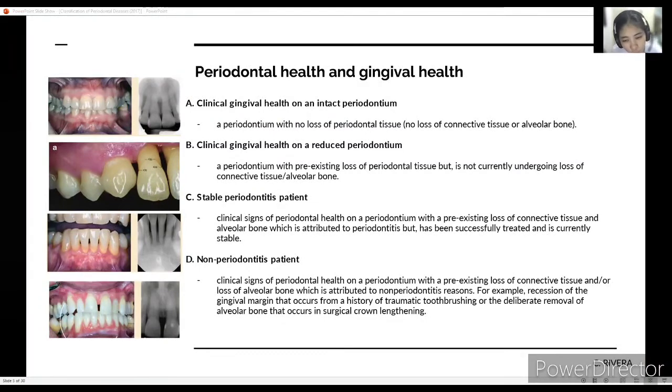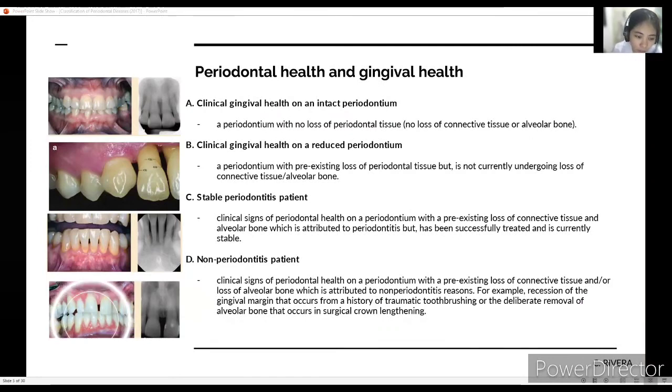Here, it is noted that he has a generalized recession of the gingival margin. However, there are no evident signs of clinical inflammation. On the dental radiograph, we do not see any changes in the alveolar bone height or the architecture and morphology of the alveolar bone.